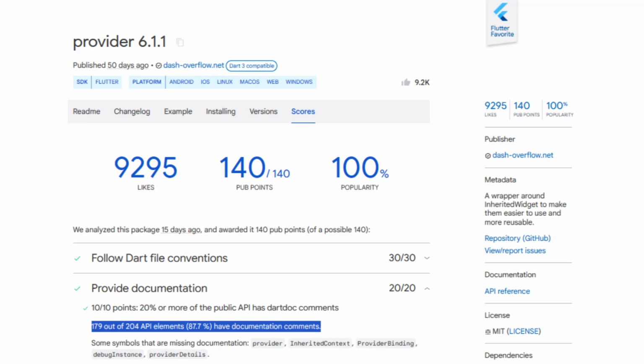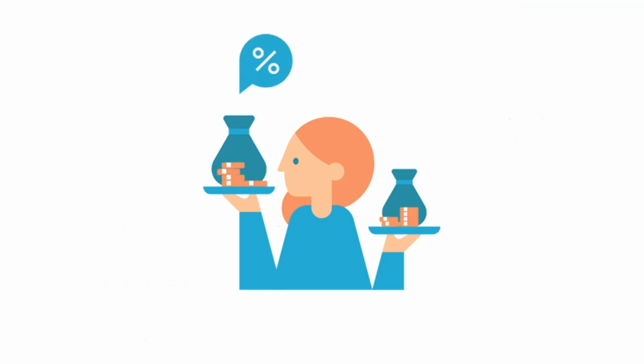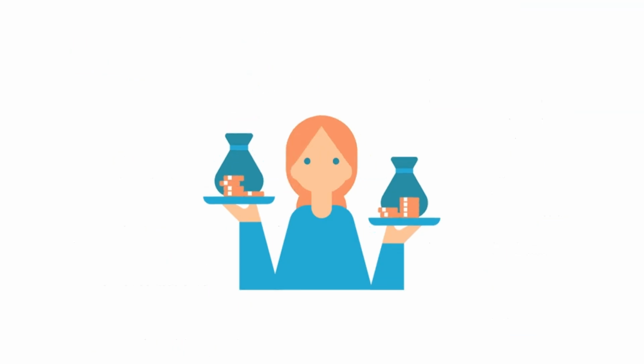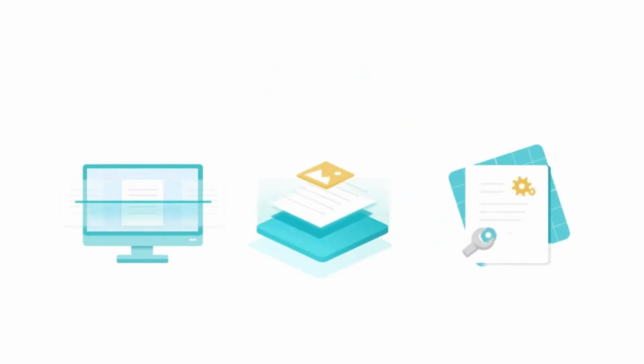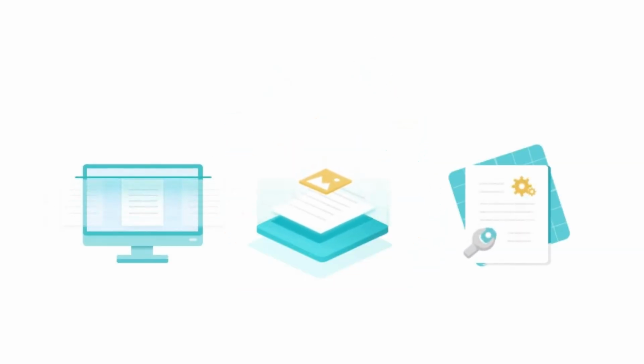It's unfair to compare GetX with all those state management tools because GetX is more than just a state management tool. However, the point is that documenting the code is quite important for a package.